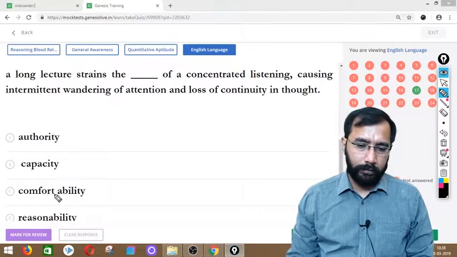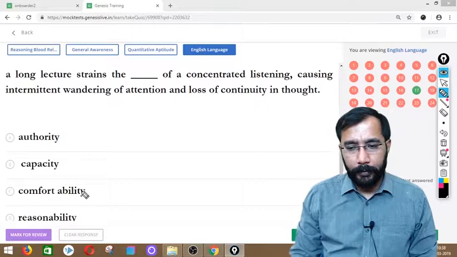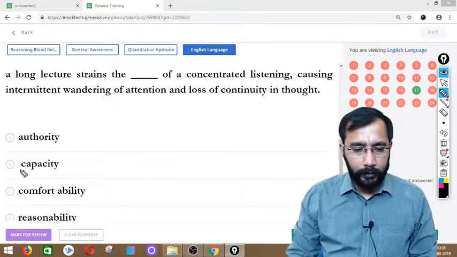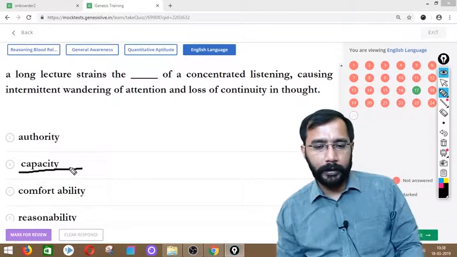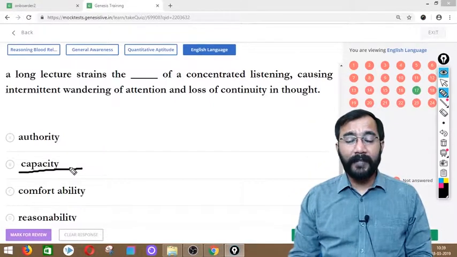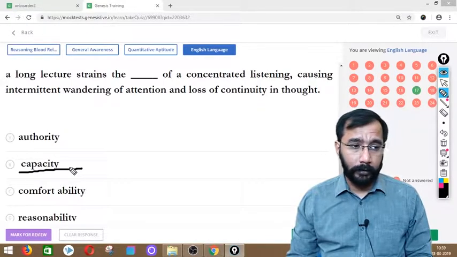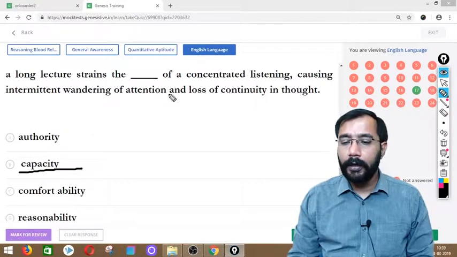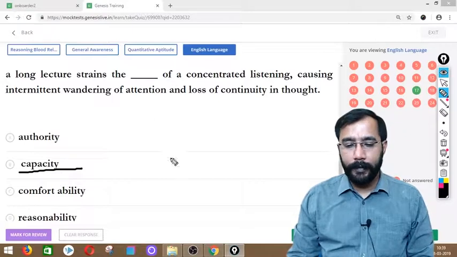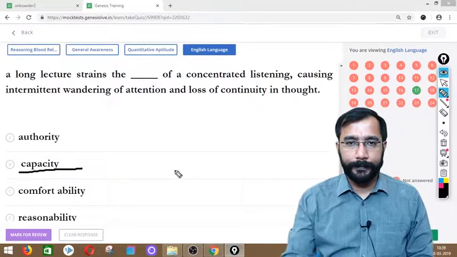Comfortability, well, that would not be appropriate over here. Reasonability, we're not talking about reasoning, so the right option over here is capacity. Capacity is not just to hold something, it is also your ability to do something constructive. So a long lecture strains the capacity of a concentrated listening. Capacity will be the right answer for this particular fill in the blank.